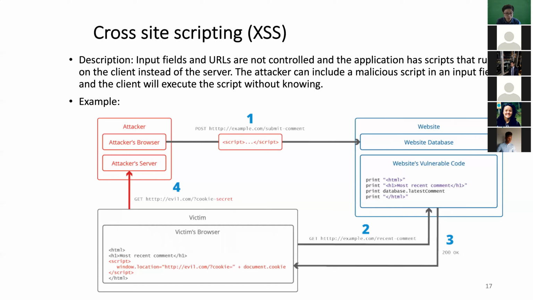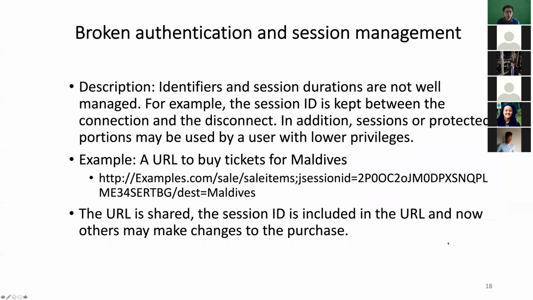And this extra information would cause malfunction, to either get access to information that they are not authorized to, or access the victim's information. Okay. It's the top two. Okay. Third one is broken authorization and session management.